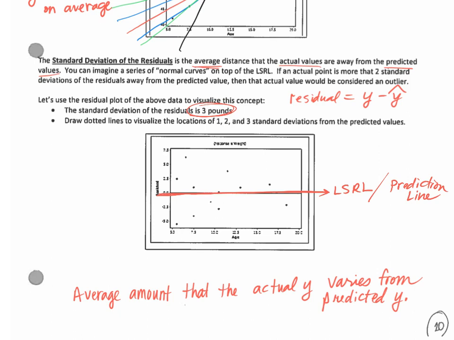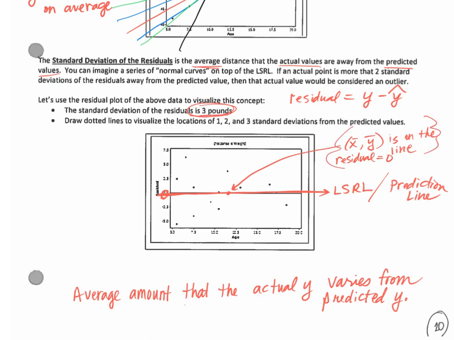So if I have 0 residual, then that means I have a piece of data on the line. Incidentally, later we'll talk about x bar is the mean of x and y bar is the mean of y, and this mean of x and mean of y is always on the line. So the residual of that point, if it's on the line, is going to be 0. Okay, so that was just a little side note.